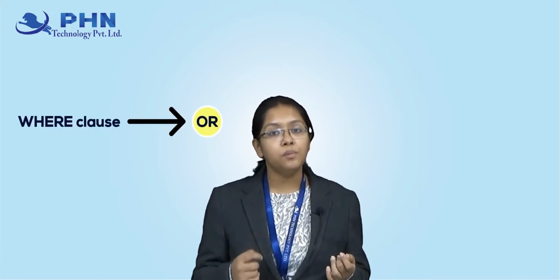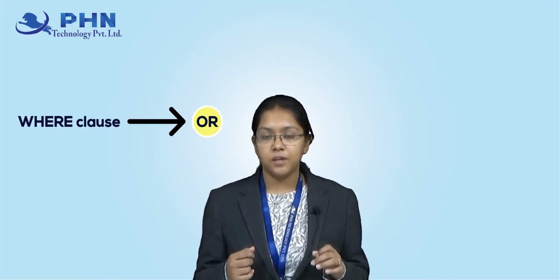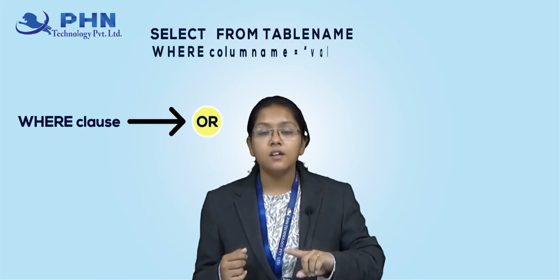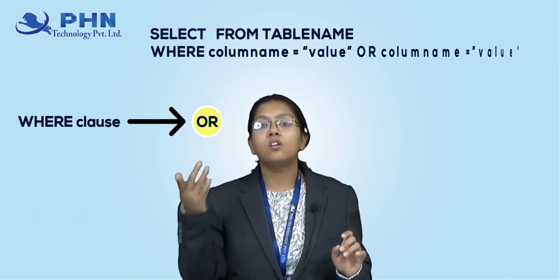Now, let's first consider the OR operator. If we consider this OR operator with your where clause, then how will the syntax be? The syntax will be: select star from table name where column name or column name.